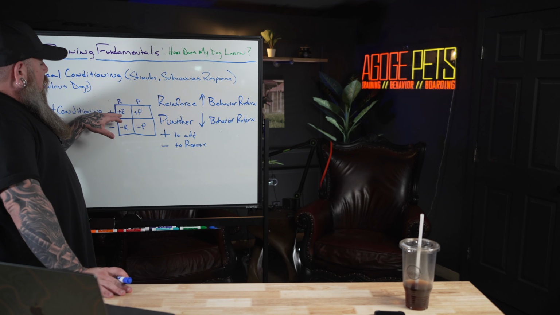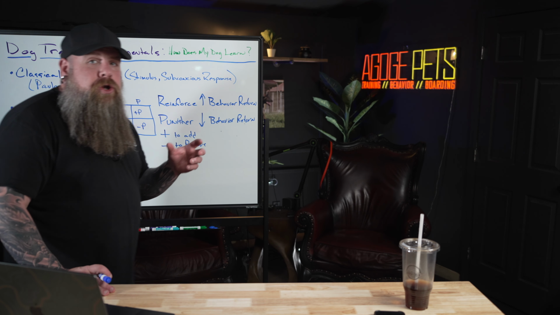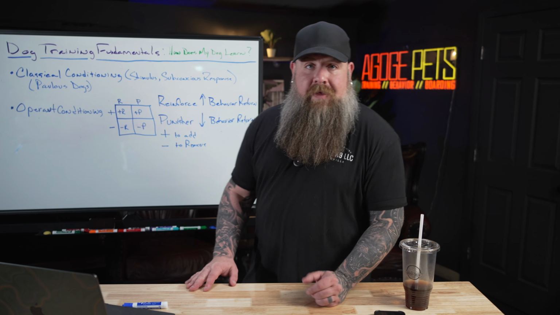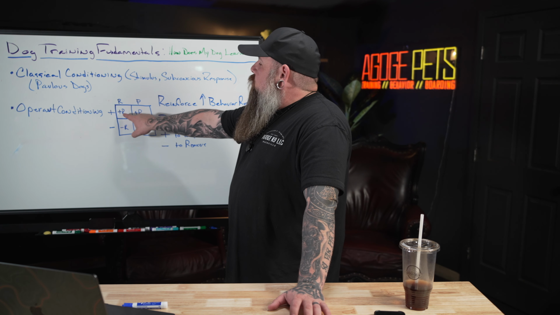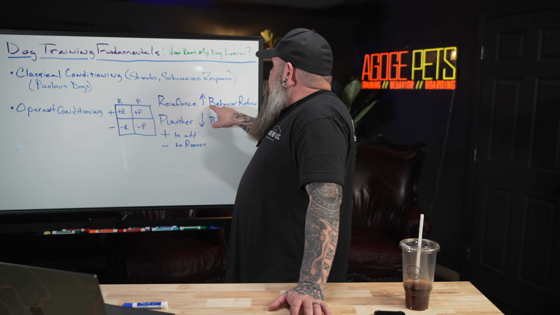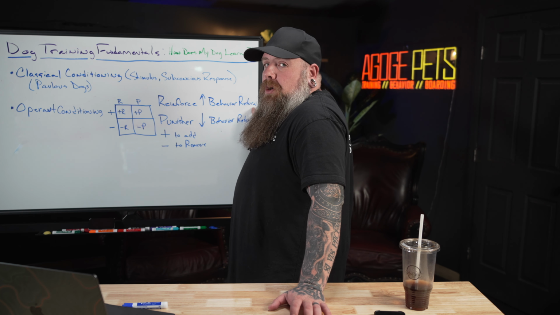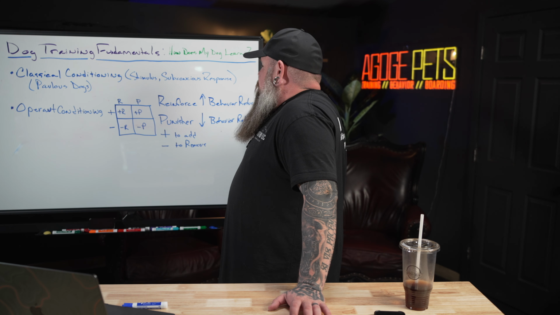So plus R, or positive reinforcement, doesn't mean good reinforcement, which is what a lot of people think it means. This means to add something in order to increase the likelihood the behavior returns.